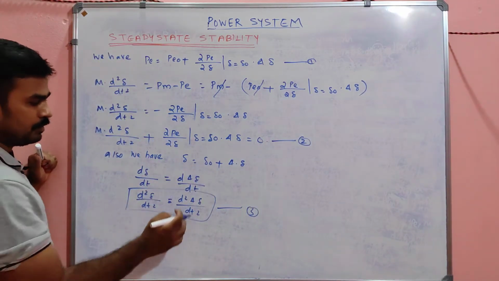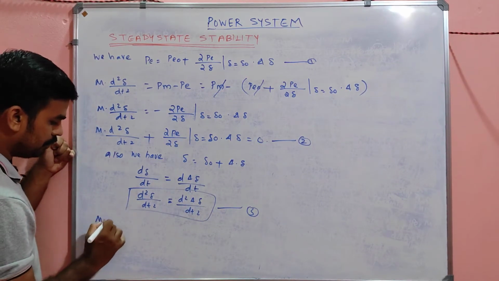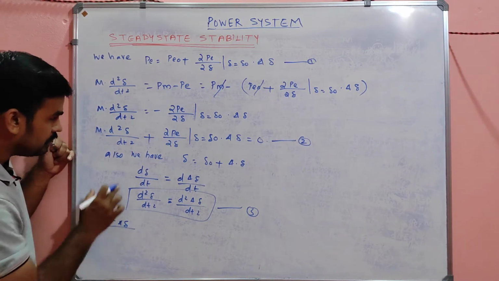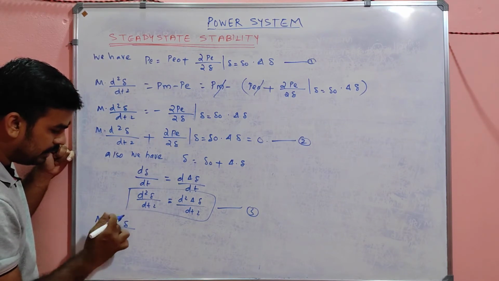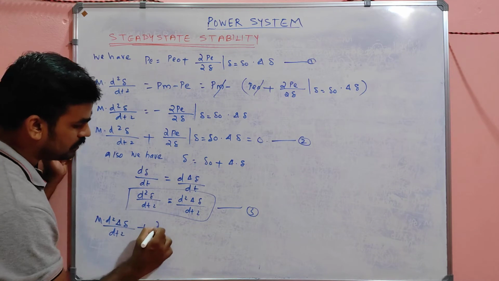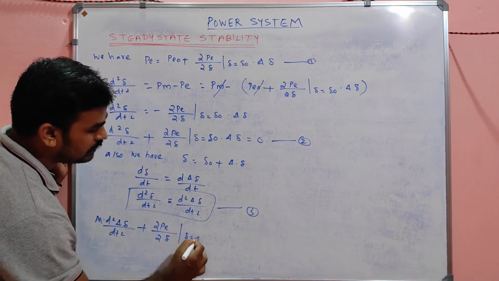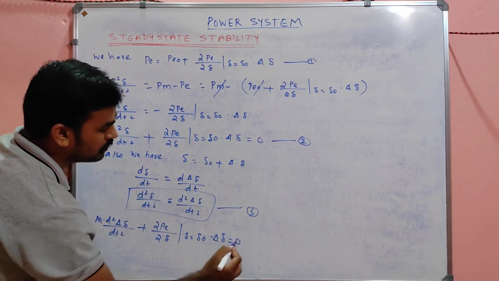Substitute 3 in 2. You will have M into d²Δδ/dt² plus ∂P/∂δ at δ = δ0 into Δδ equal to 0, replacing δ with Δδ.